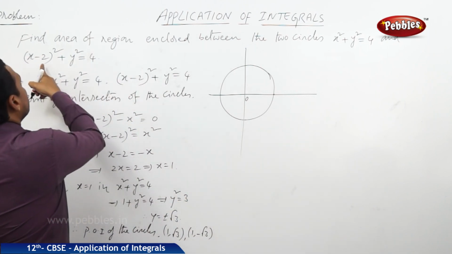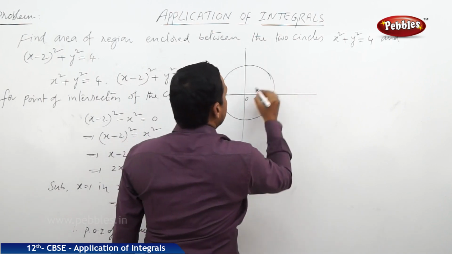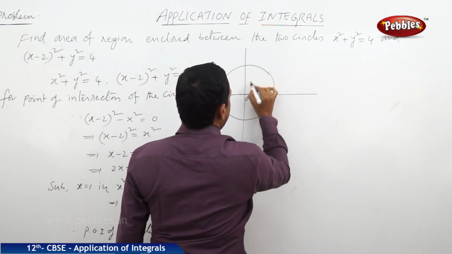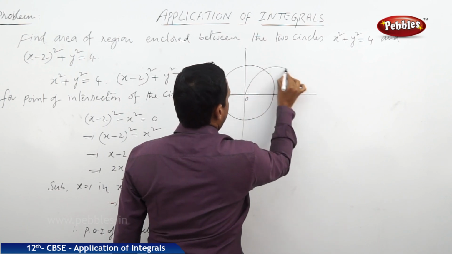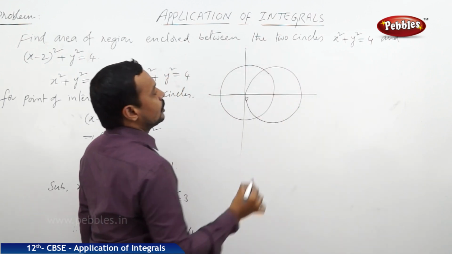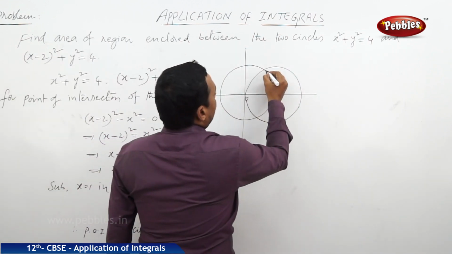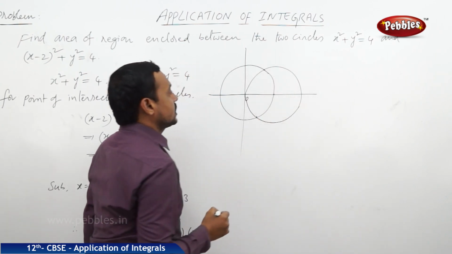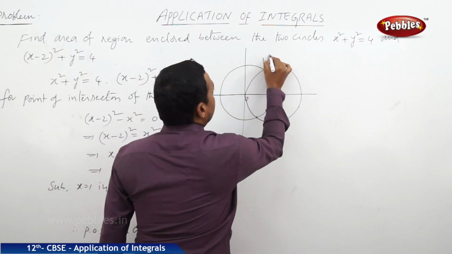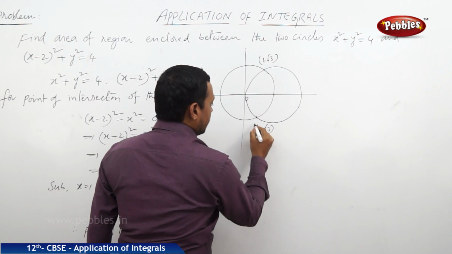And the circle passes through the origin. Therefore, the second circle should be like this. Now, that is the second circle. These points of intersection we already found: (1, root 3) and (1, minus root 3).